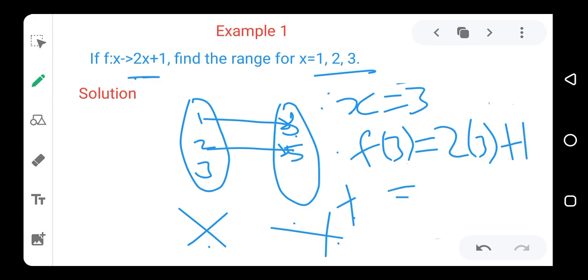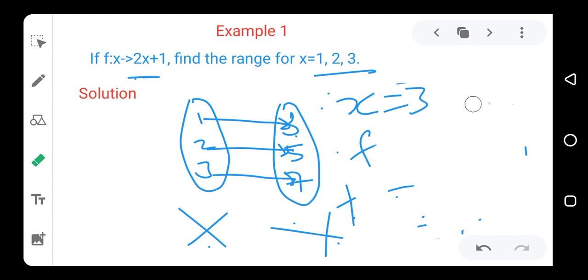That gives us 2 times 3 is 6 plus 1, and this gives us 7. So we have that 3 in the domain maps with 7 in the codomain. So 7 is the image of 3 in the codomain. So this gives us the images of the values in the domain.